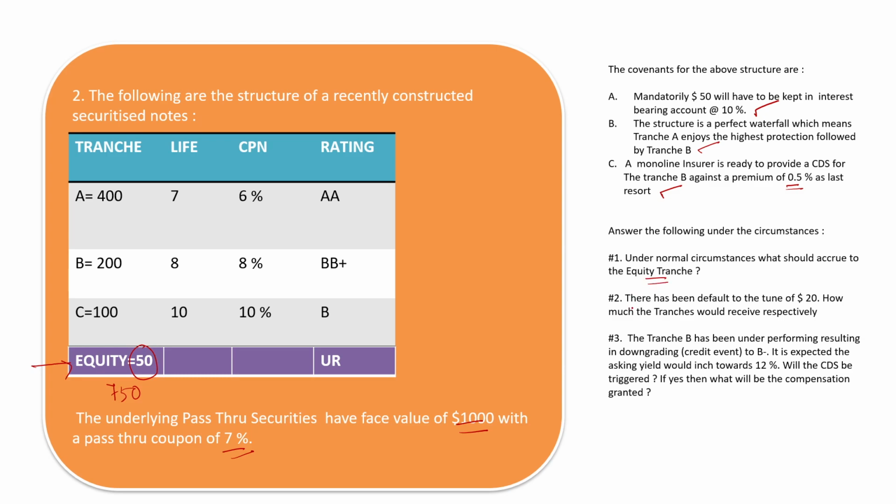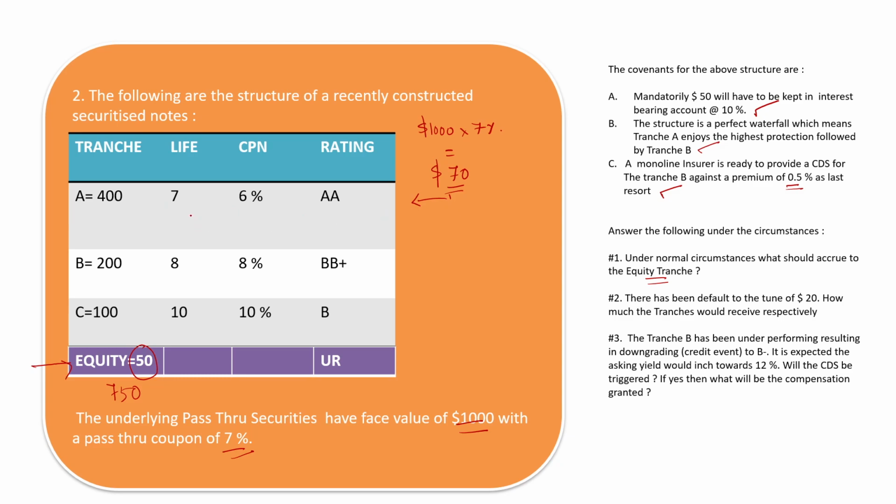Now this should be fairly easy to calculate, because here the payment is to the tune of $70, right? How is it? Because the underlying pass-through securities having a face value worth 1,000 carries a coupon of 7%, which turns out to be $70. So this $70 will be redistributed according to the face values out here.